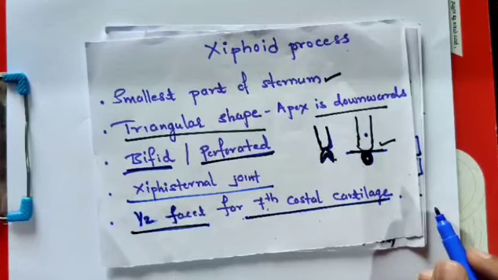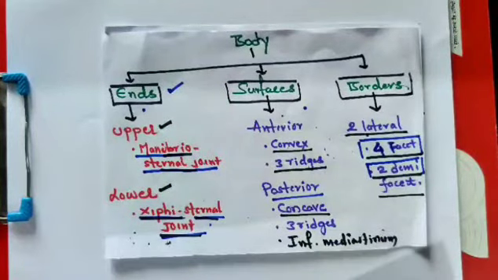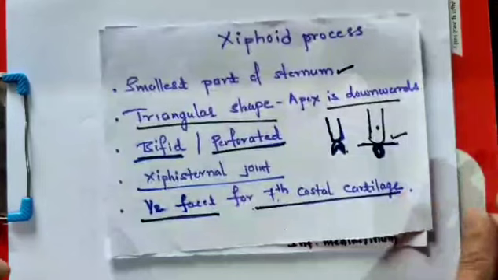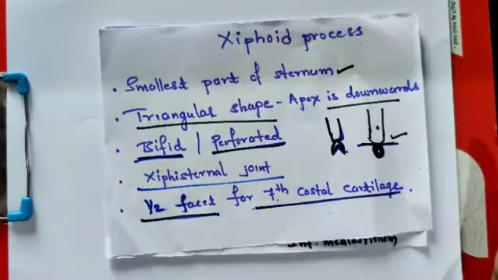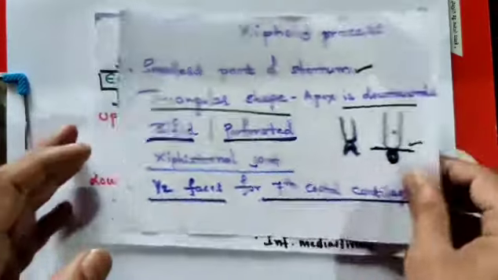In the manubrium sterni, 1.5, and in the body of the sternum we get 4 complete and 2 half facets. And the xiphoid process presents only 1 half articular facet. So this is about the sternum.